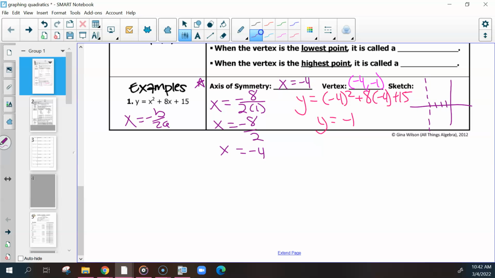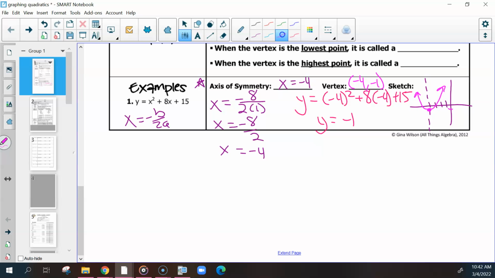When your a value is positive, this is going to face up. We also need to put in our vertex, so negative 4, negative 1. This will lie on the axis of symmetry. And then a is positive, so this is going to face up. So I'm going to draw something that looks like a U-shape facing up.